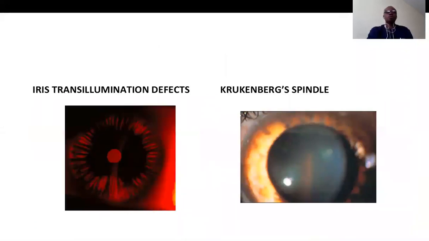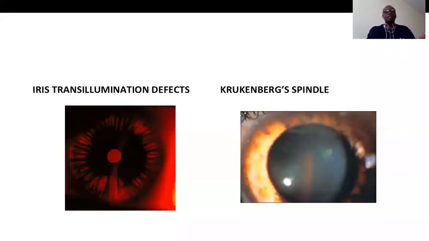The first picture shows iris transillumination defects, which can be observed in pigmentary glaucomas. These slit defects are easier to observe in a dark room and in a dark adapted observer. They may be just as few as 1 or 2, but they can even be more than 70.